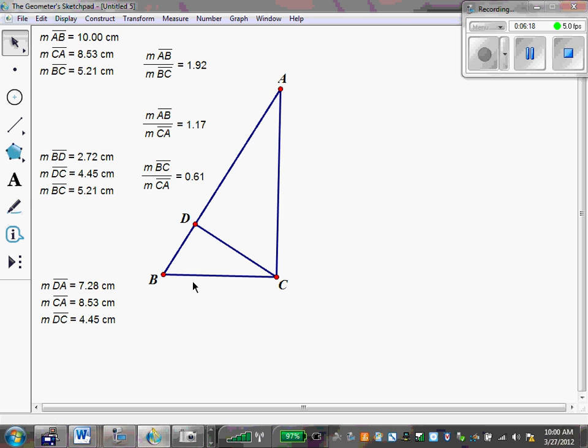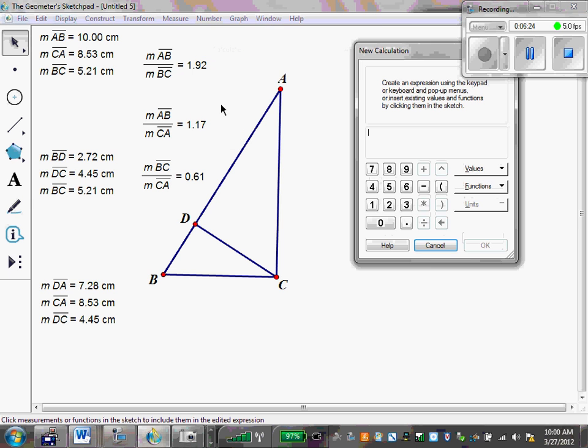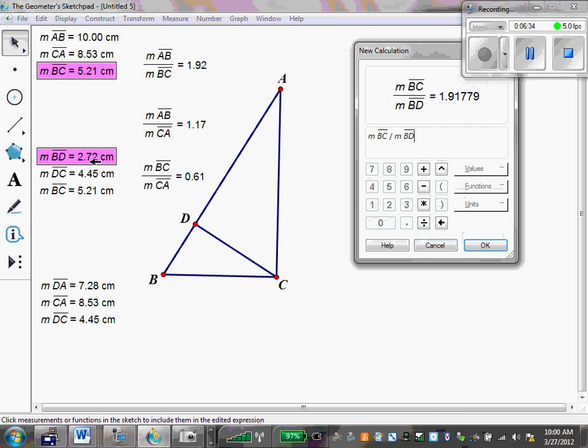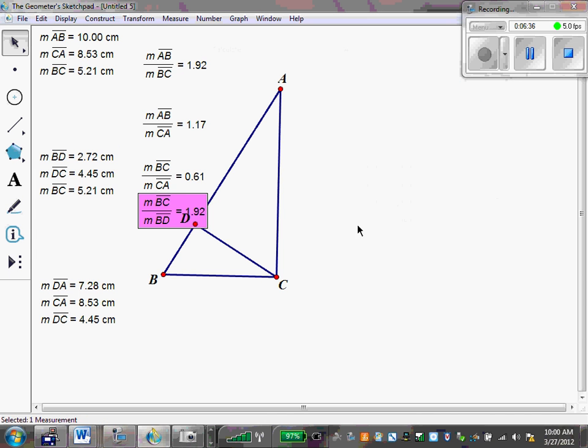So I am now going to look at the ratios between those. So I'm going to pull my calculator back up, and I'm going to say length BC divided by BD, and hit OK. Look at that. It is in the same ratio as the hypotenuse.